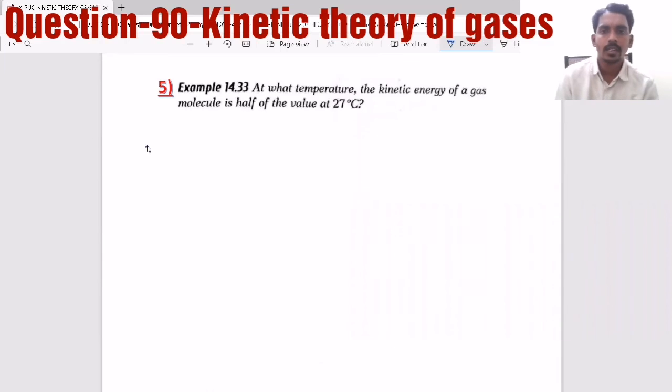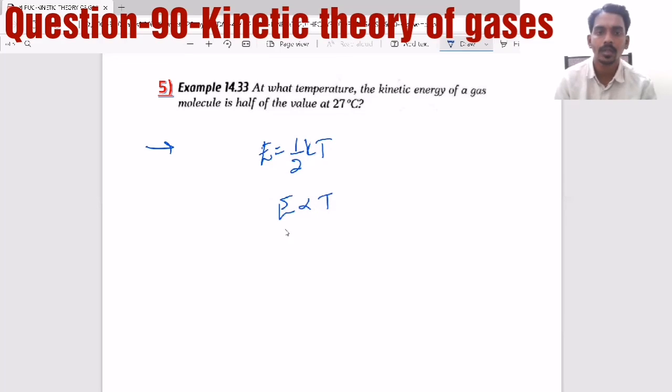Now at what temperature the kinetic energy of a gas molecule is half of the value at 27 degrees Celsius? Kinetic energy of one gas molecule means 1 by 2 kT, so the kinetic energy is proportional to temperature. Now E2 by E1 equals T2 by T1. The kinetic energy should become half, that means E2 should become E1 by 2.